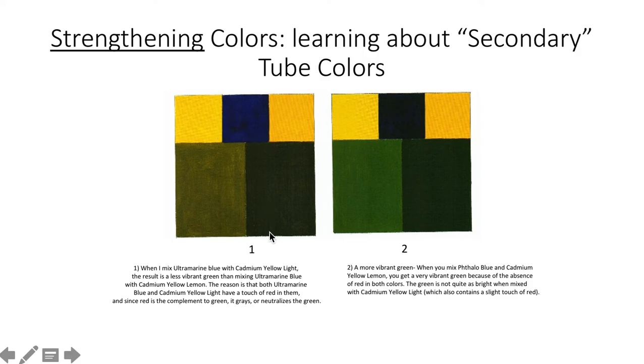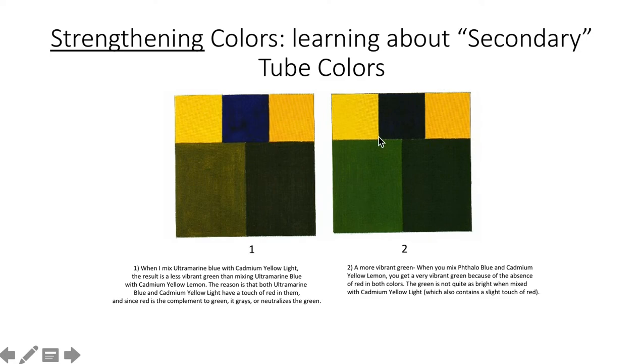The reason is that both ultramarine blue and the cadmium yellow light have a touch of red in them. Since red is the complement to green, it grays or neutralizes the green. Basically, those colors that have complementary colors in them work together to neutralize the green, so that green will be a little duller than what I would want.